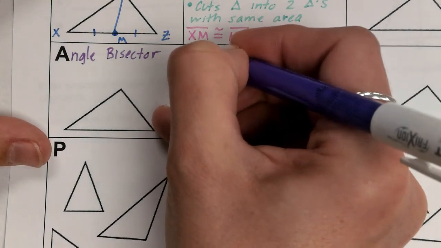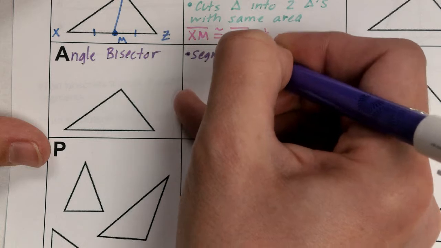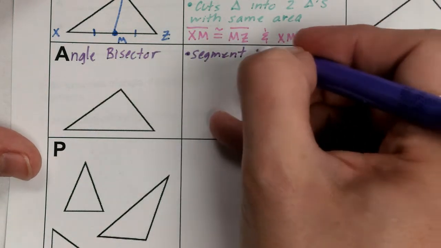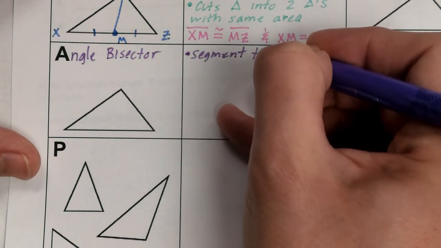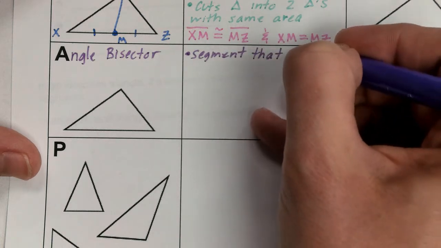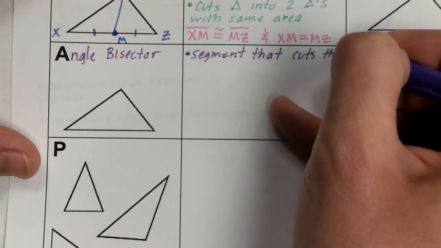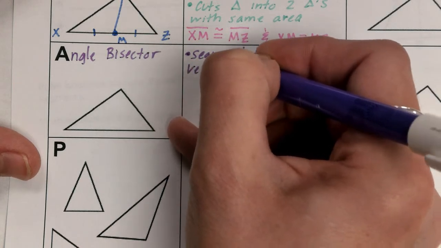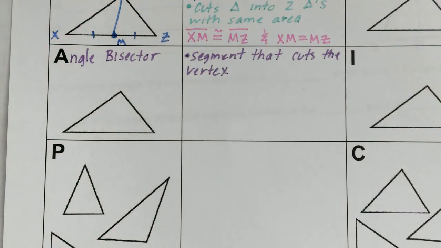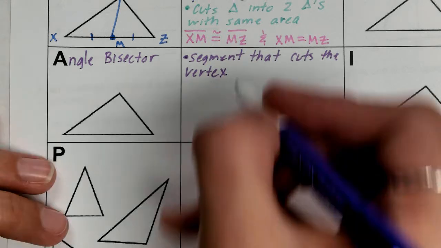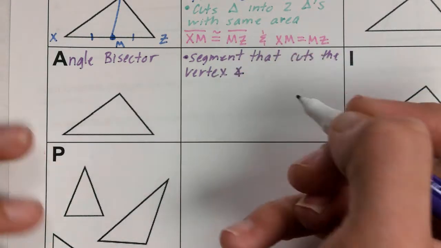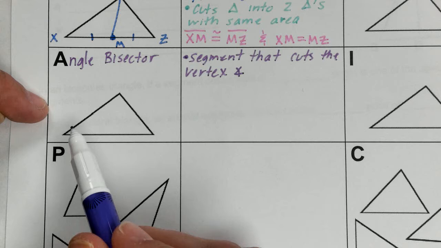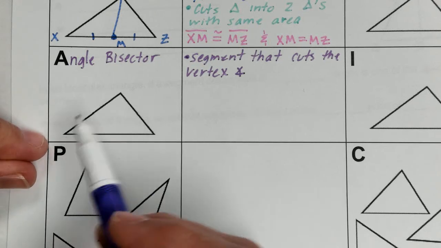We're going to have a segment. And the segment is going to be a segment that cuts the vertex angle. And we're now going to be bringing in, instead of just saying it's going to cut an angle in half, we're using vertex angle because now we're dealing with two-dimensional polygons, a shape with an enclosed figure with 3 or more sides.